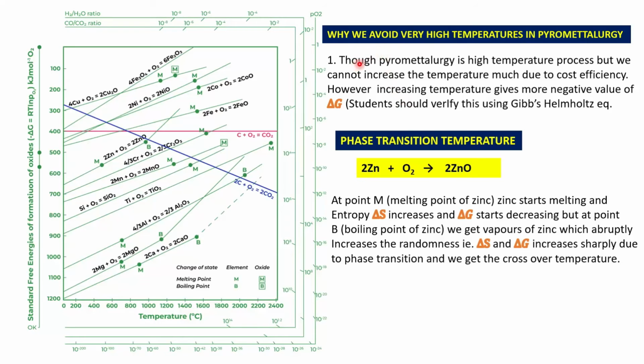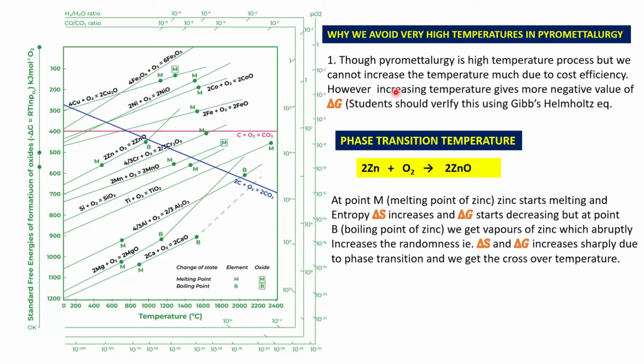So I have summarized this point here: though pyrometallurgy is a high temperature process, we cannot increase the temperature much due to cost efficiency. However, increasing the temperature gives a more negative value of delta G. See, if you increase the temperature, obviously your entropy will increase, right?